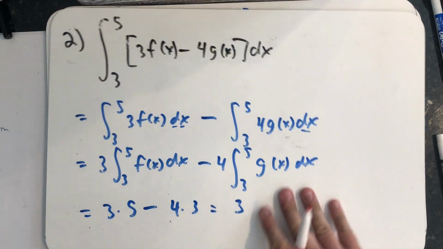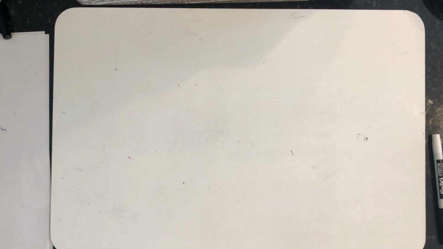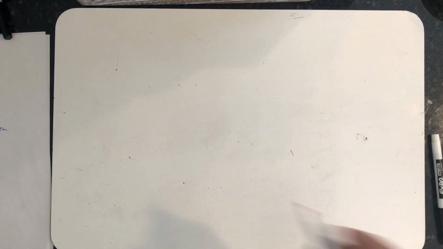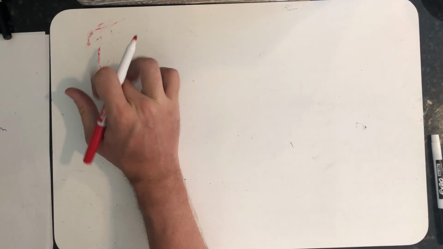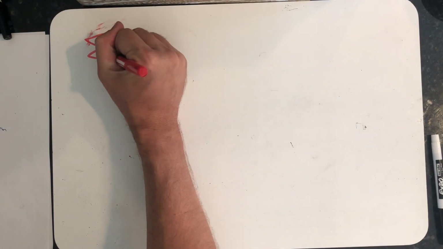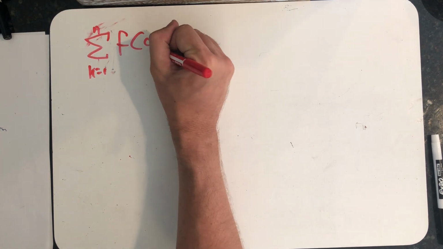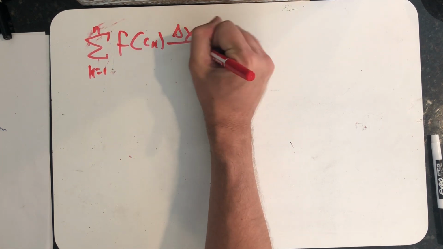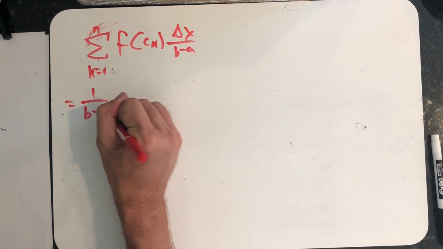Well, if I continue to look at that particular sum, the quantity b minus a is a constant, and I can pull a constant out from a sum.